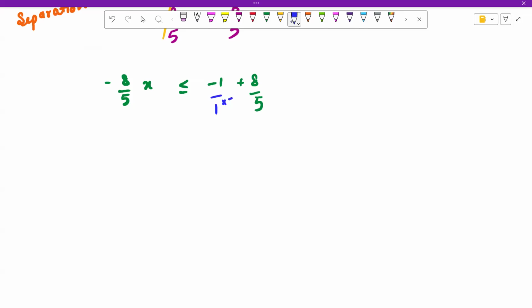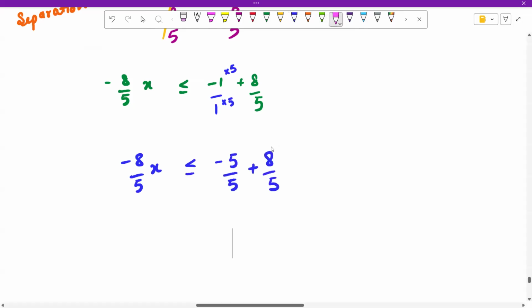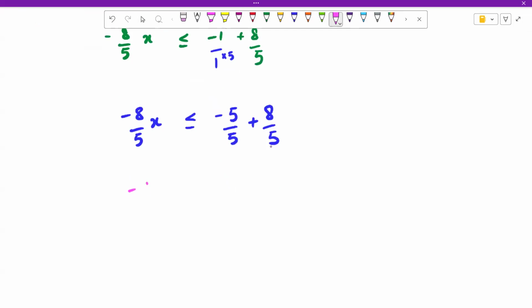We put negative 5 over 5 on both sides, and we got negative 8 over 5x less than or equal to negative 5 over 5 plus 8 over 5. Now that we have made the denominator the same, what is the next thing we'll be doing?